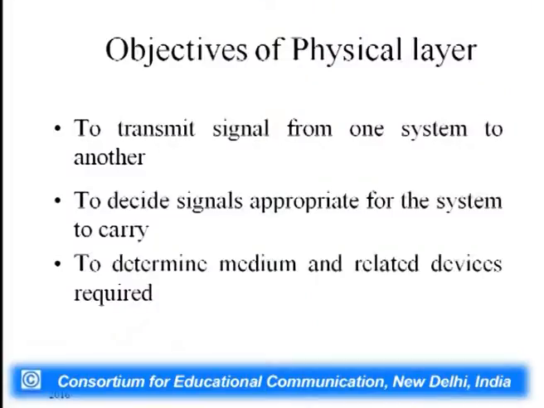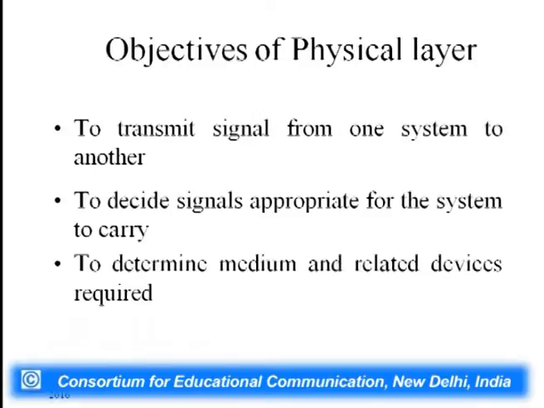What are the objectives? The primary objective of the physical layer is to transmit a signal from one system to another system, because at the lowest level it is signal transmission. To transmit a signal, it is important to decide what is the appropriate signal which is suitable for a transmission medium. We cannot send any signal whatever we like. That is also one of the objectives of the physical layer.